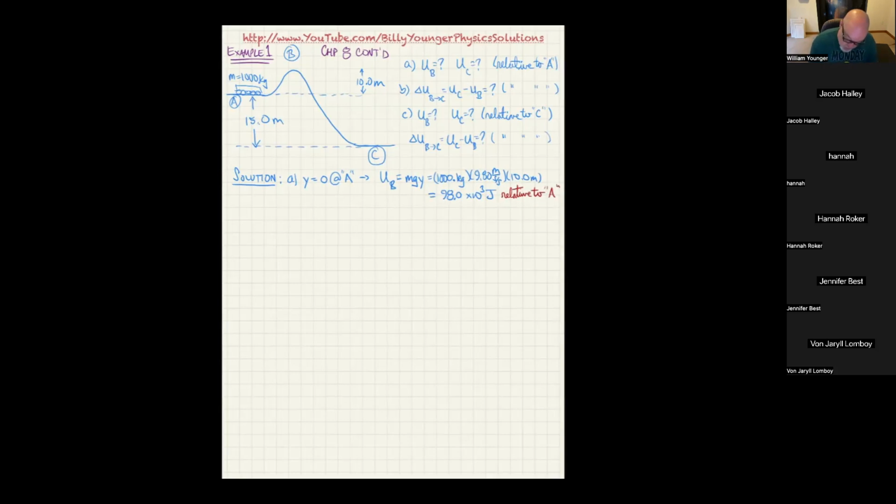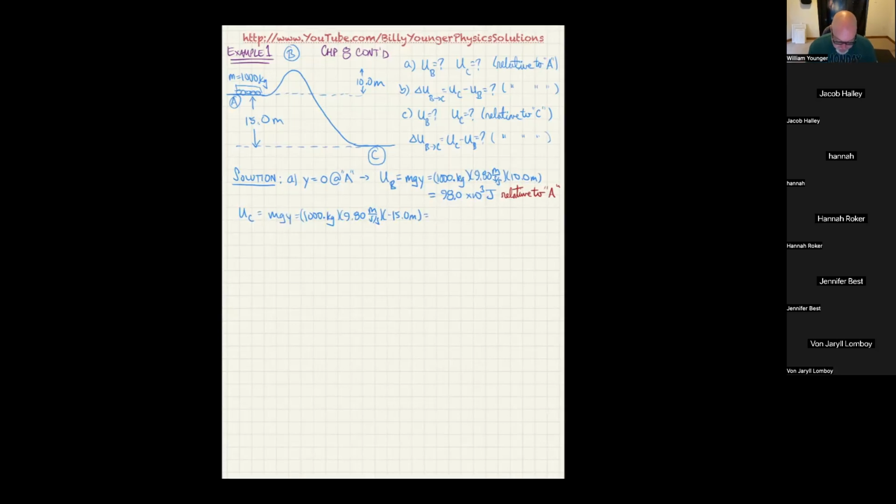Okay, now I can do UC the same way. UC is going to be mgy, which equals 1,000 kilograms times 9.80 meters per second every second, times this time, notice since I called the 0 the height of A, now I've got to go down 15, so that's going to be negative 15.0 meters.